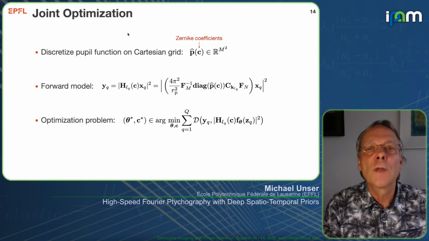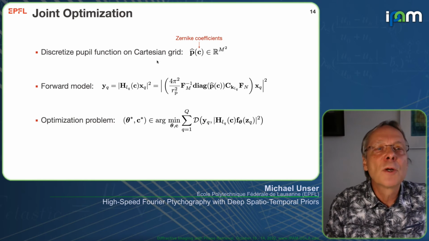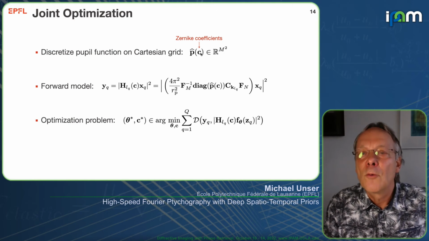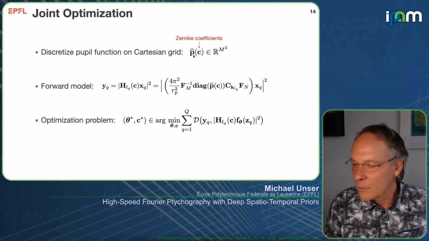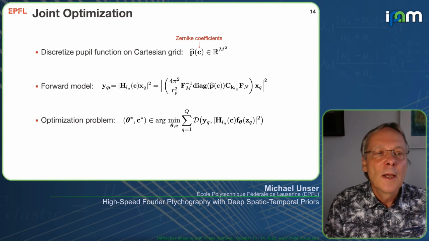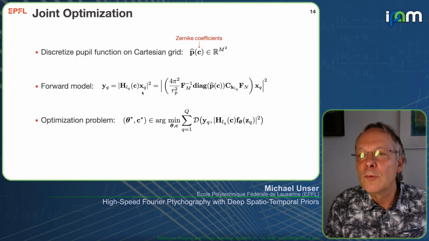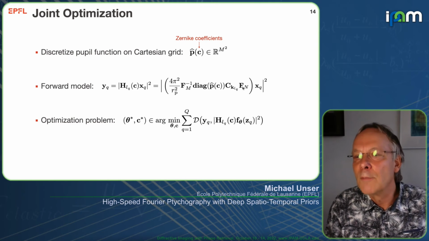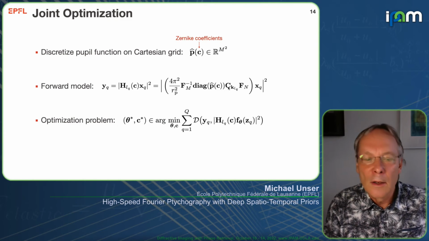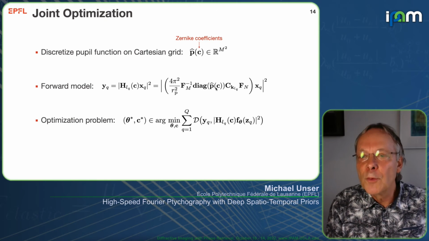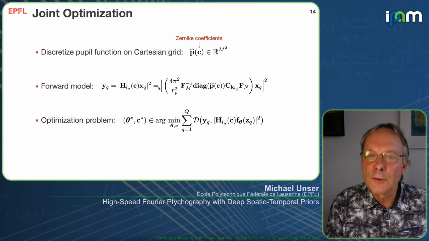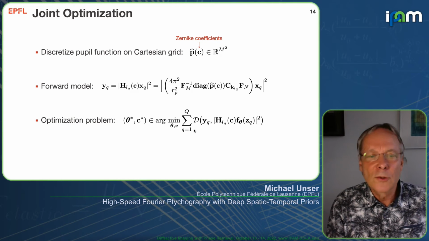Now the joint optimization. Given the Zernike polynomials, first we have to produce this pupil function. And then we have the forward model, the one I described before: Fourier transform, cropping, applying the pupil function and inverse Fourier transform, and at the end, taking the square.